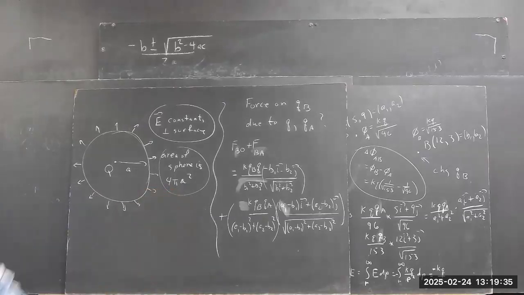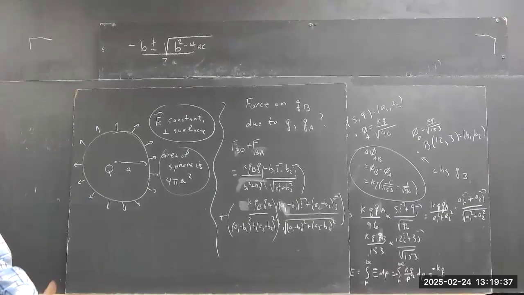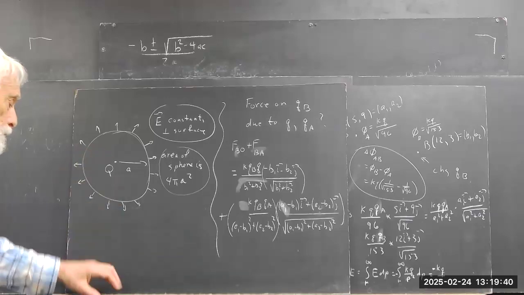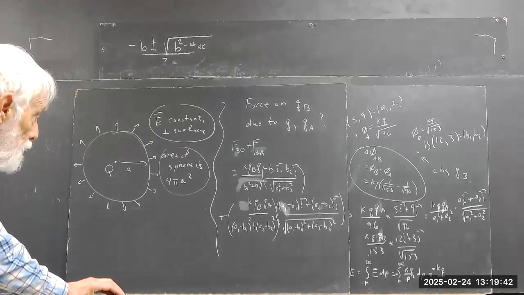Okay? Which is simpler than the construction the Pythagoreans use, but you do that too. Area of the sphere is 4 pi A squared.